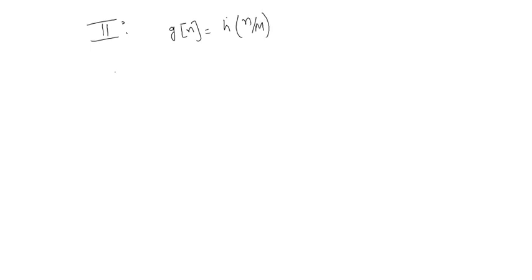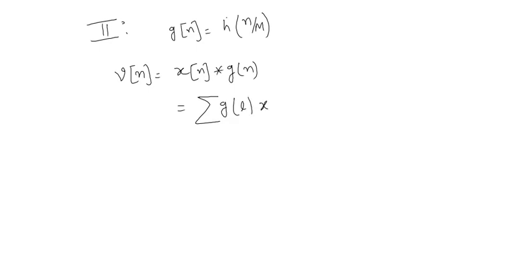So what will be the v of n, which is the output of the filter? That will be x of n convolved with g of n. If you write it in the form of a convolution sum, this will be the sum of g of l x of n minus l.